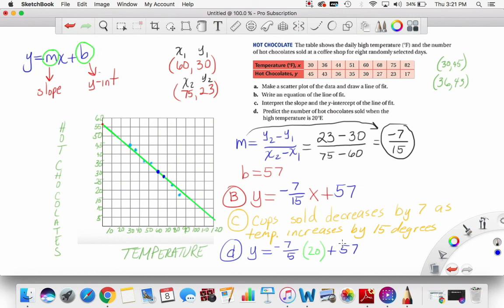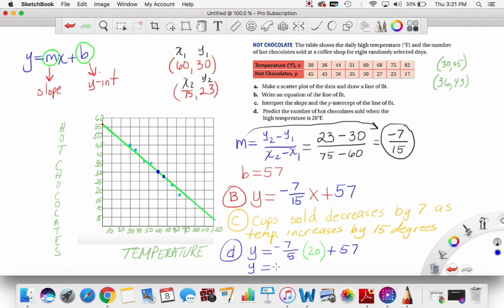And so if I have negative 7 divided by 15, it's approximately negative 0.467. And if I multiply that by 20, it's going to give me a decimal.